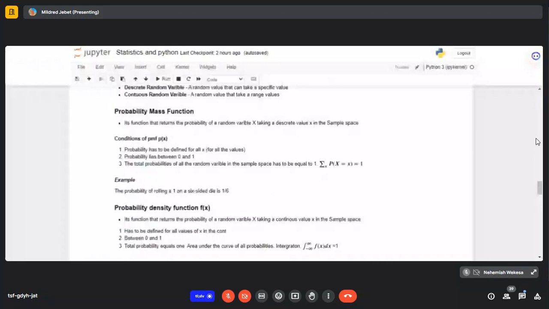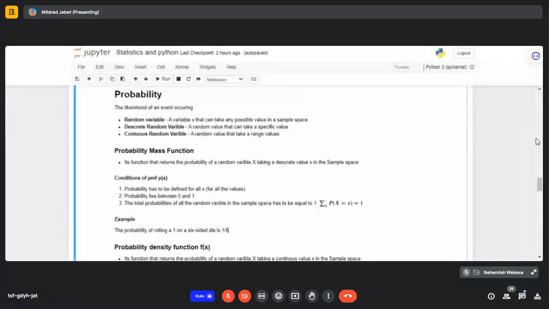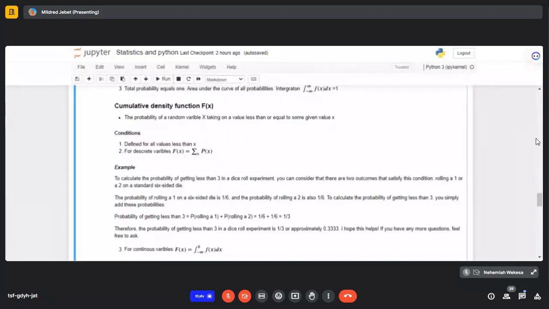For the discrete variable, let's use the rolling of a die. Say I have 6 sides, 1 all the way to 6. Let's say I want to find the probability of getting at least 3. Because I am looking for the probability of getting at least 3, that means the probability of getting a 1, or a 2, or a 3, right?